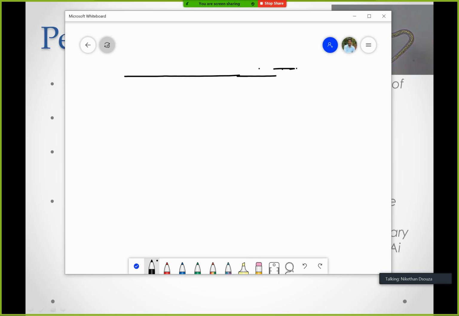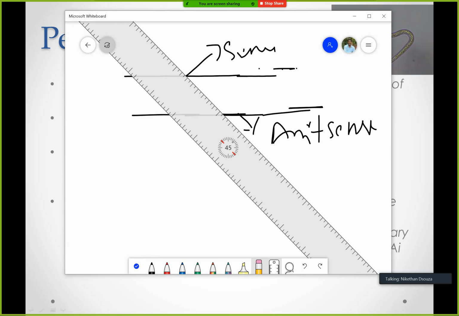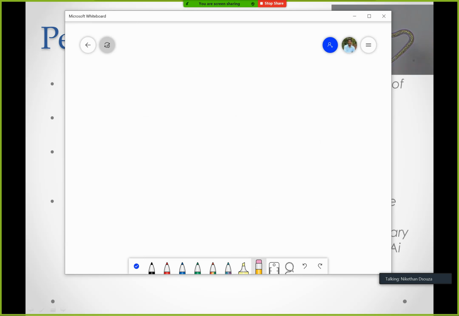As we know, the DNA has two strands, a sense strand and an anti-sense strand.